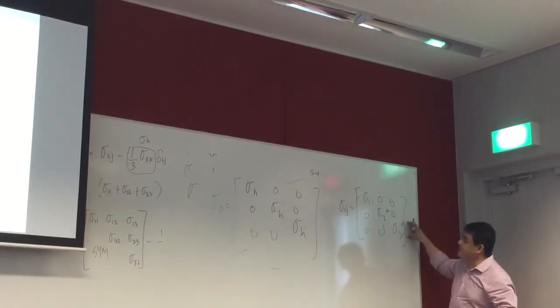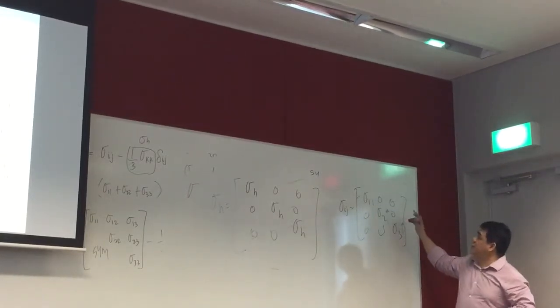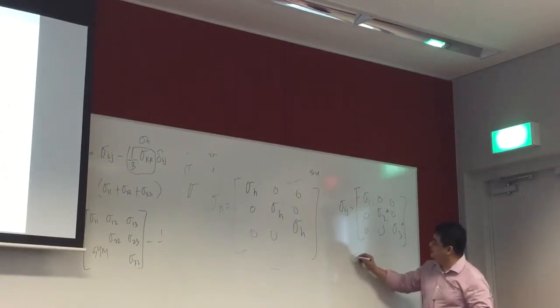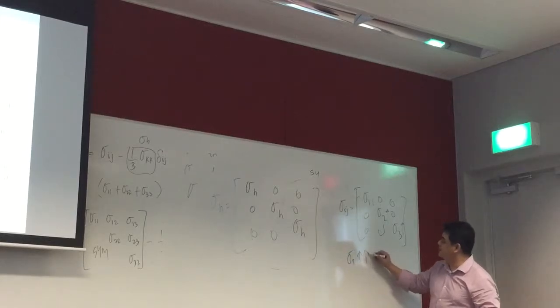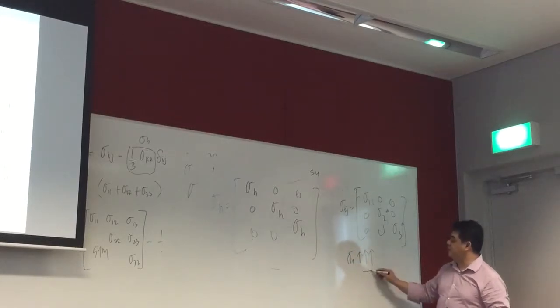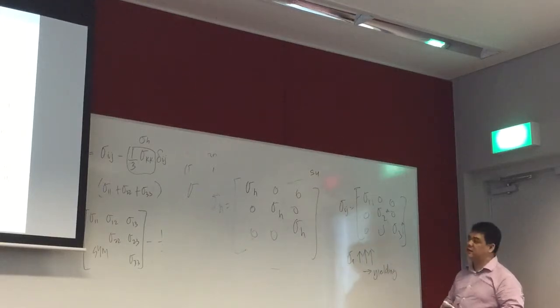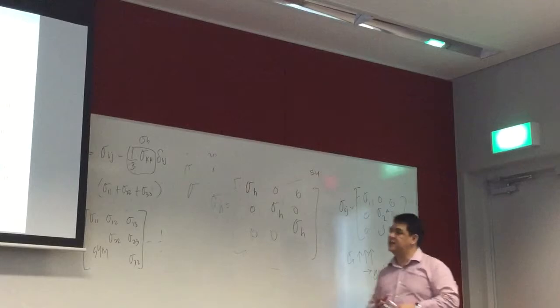So this one will require a very, very high sigma 1 to be able to cause yielding. We'll have those examples later.